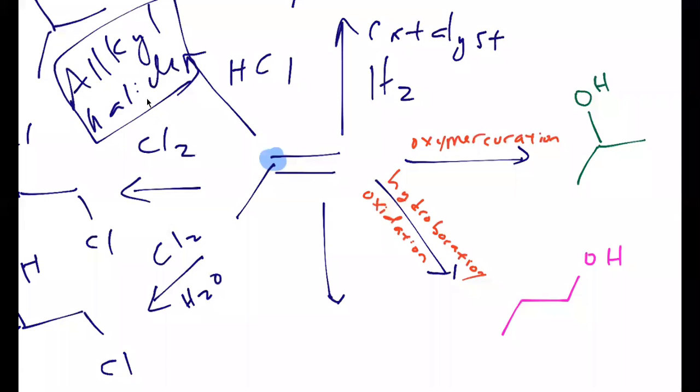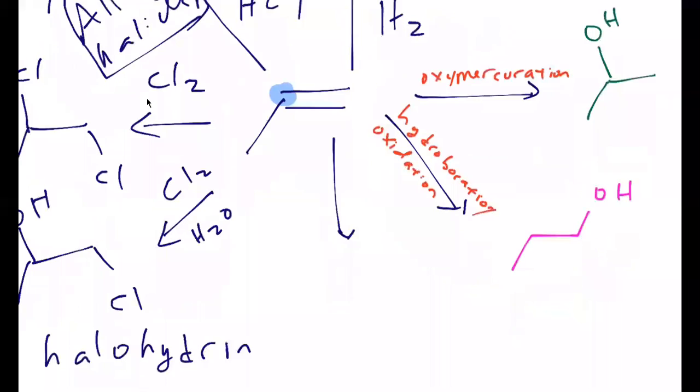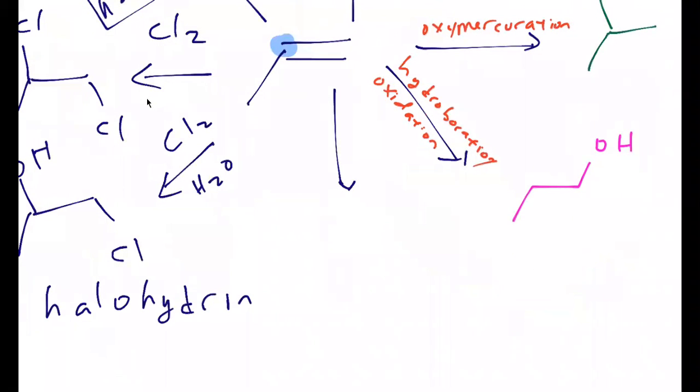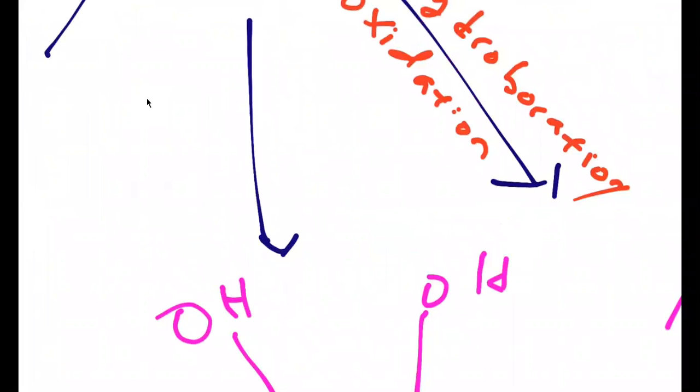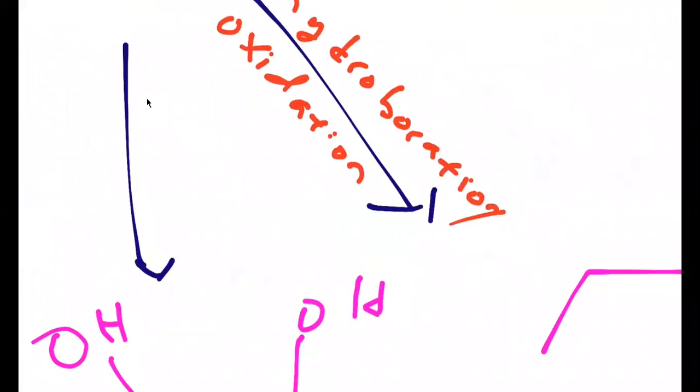And then what if I want to put an OH on both carbons? Well, there's a way to do that too. It's called osmylation, and you're going to learn what that means.